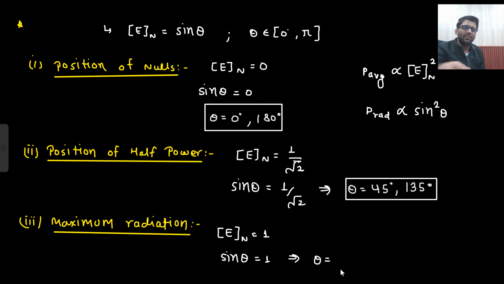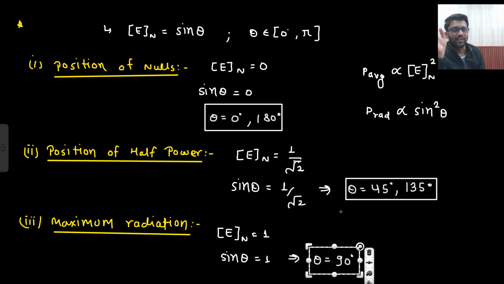So theta should be equal to, where would it be 1? It would be 1 at 90 degree. Now no one will say that, sir, it would be 1 at 90 plus 2 pi. So that also you can write down. No, only one angle I will write down, 90 degree, because I need to take in the range of 0 to pi. Are you getting this point? So position of null, these kinds of questions they can ask in the examination: what will be the position of null, what will be the position of half power, and what will be the maximum radiation.